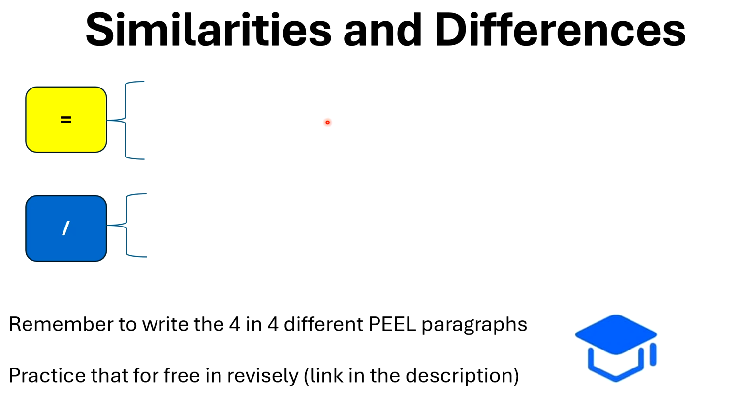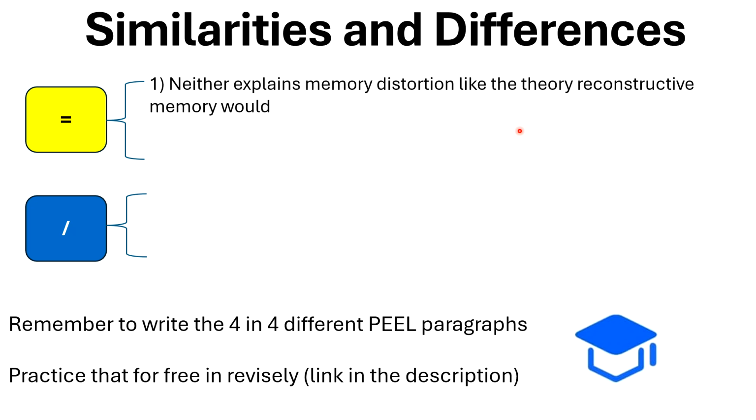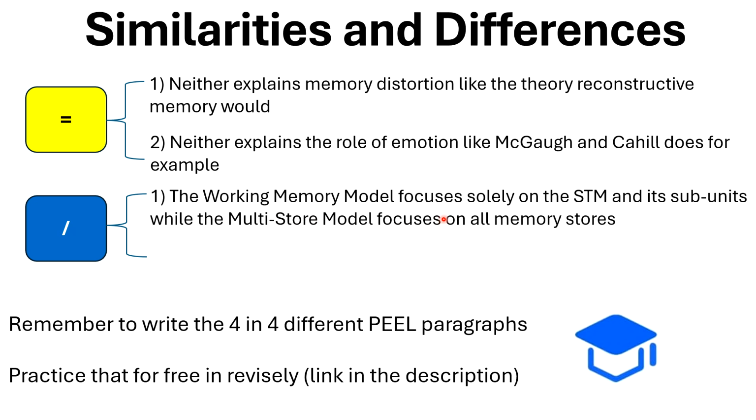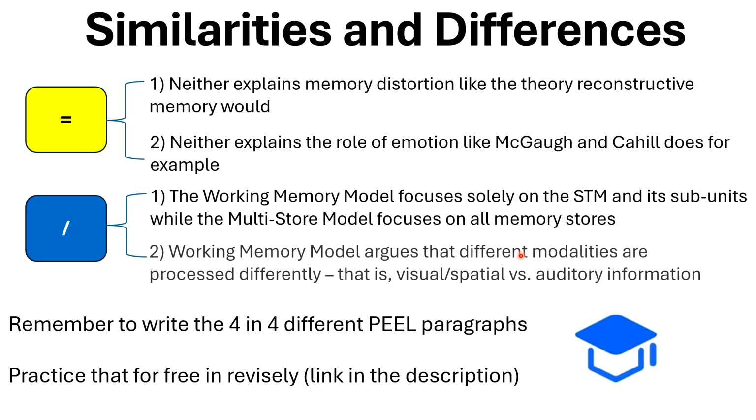Looking at the last paragraph, I've written an equal sign for the similarities. So none of them explain memory distortion, like for example, the theory of reconstructive memory, and they don't explain the role of emotion in memory, like for example, the study of Cahill. So the working memory model focuses only on the short-term memory and its slave systems, but the multi-store model focuses on all the stores of memory.